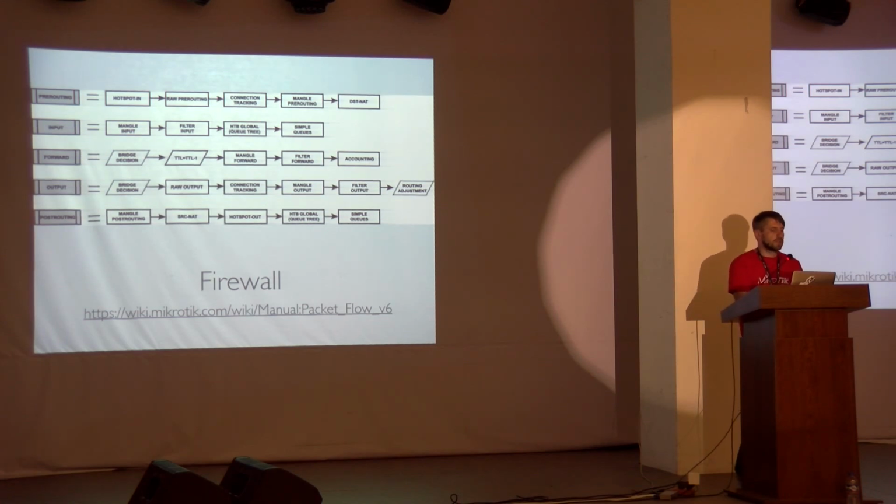So this is a table that you need to look at, and it is available on our wiki under Packet Flow. You can say it is like road rules for all packets that are entering a MikroTik router. So this is the way how packets go through it.